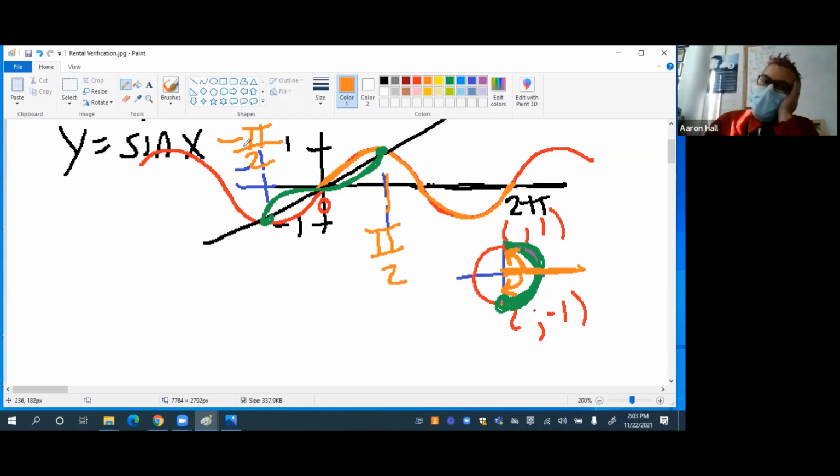Now the question is, why am I stopping there? Why don't I just continue on with my graph forever? My inverse. Why am I stopping just at this little green part here? It's not going to be a function anymore. Yep.